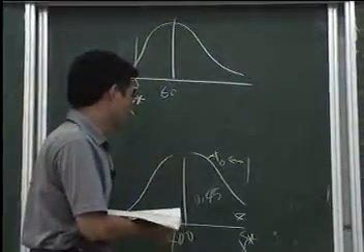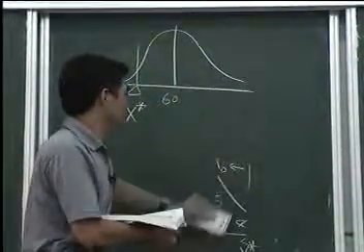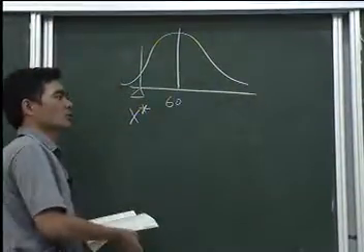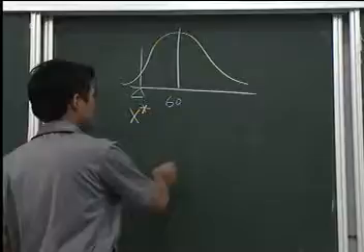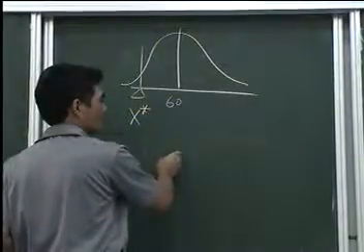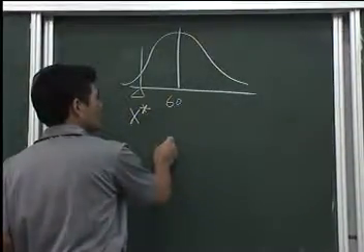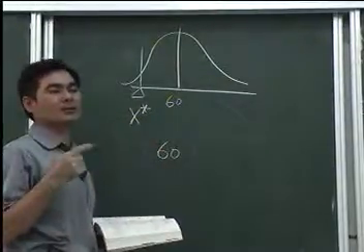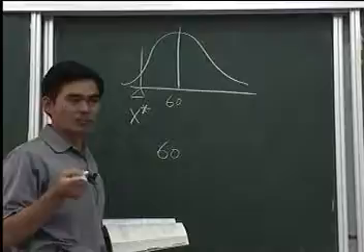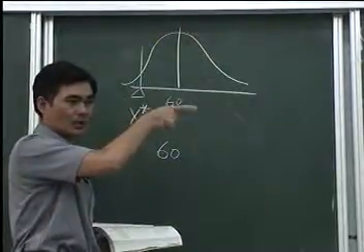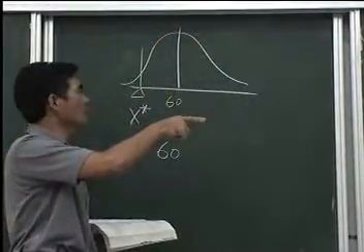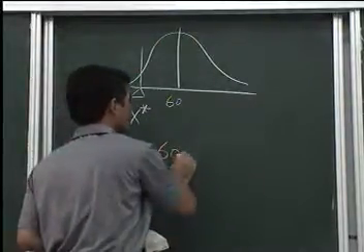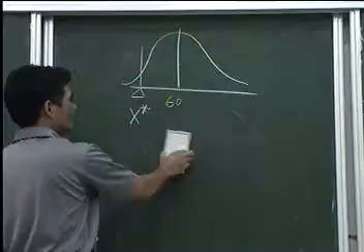Because now it is T distribution, you need to figure out, this will be 60, because in this case you are still assuming H naught is true. Let me give you the formula first.